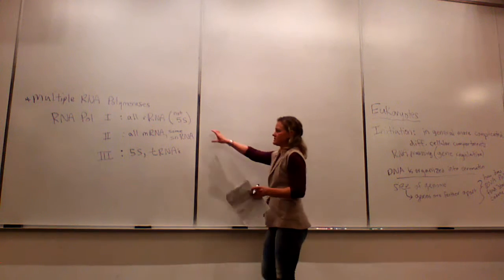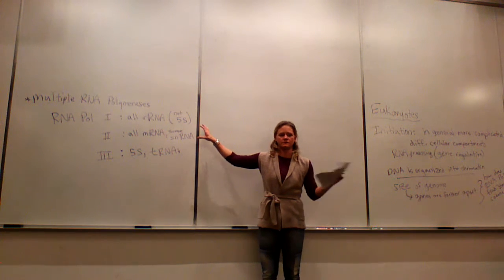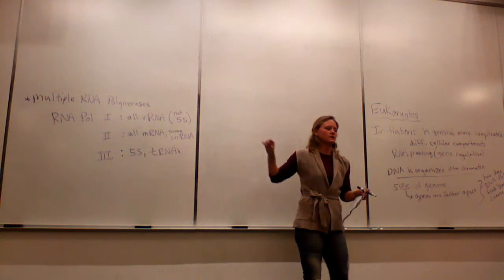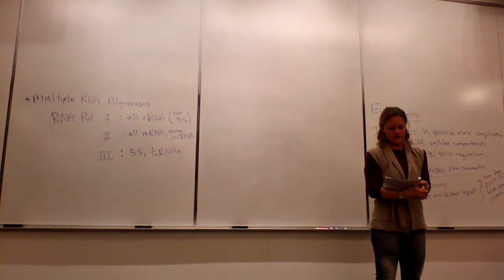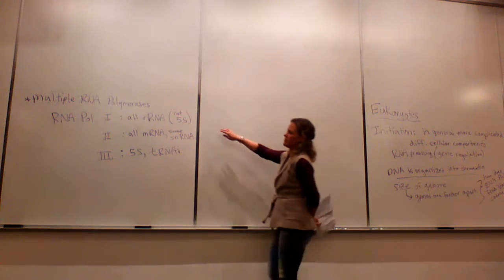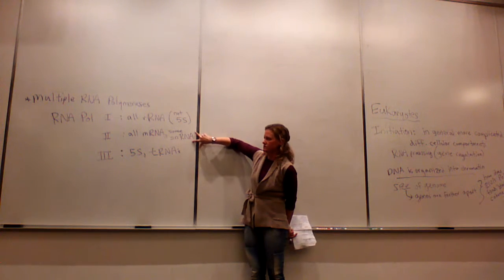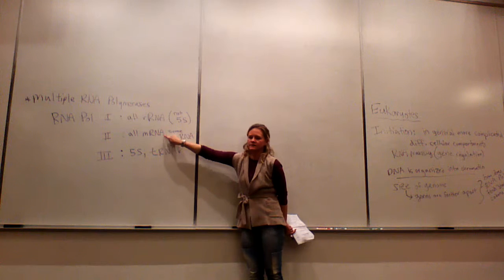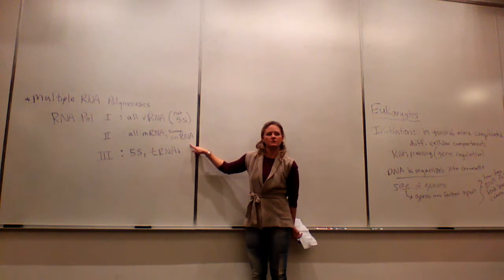It turns out there's a ton of RNAs that run around in our cells and do crazy things that they're discovering more and more recently. So there are other functions for these polymerases as well. But for you guys, just focus on this: RNA Pol 1 does all the ribosomal RNA except for 5S. Pol 2 does all of our messenger RNA, the fun, exciting stuff that gets translated into proteins, plus some small nuclear RNA.